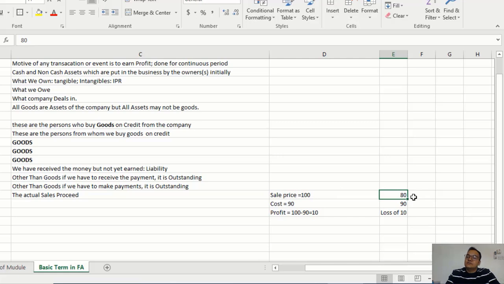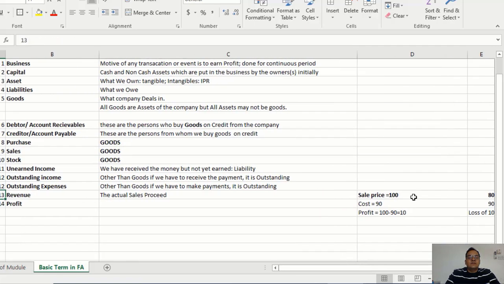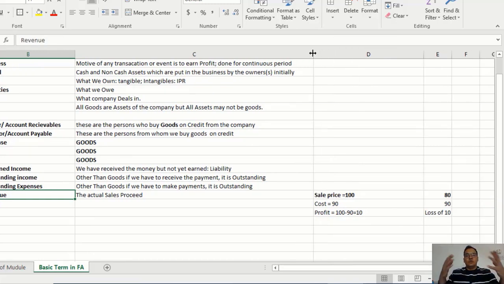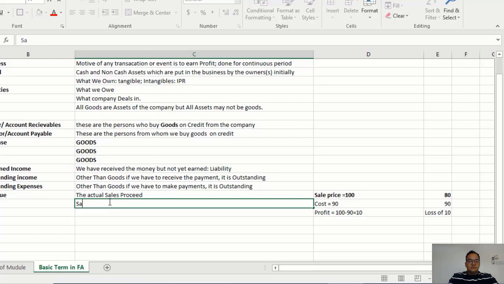We got 80. So 80 is my revenue. I'm making it bold. The actual sales proceeds is my revenue. So if you get more, it is revenue. If you get less, it is revenue. And what is profit? Profit is very clear. Sale minus cost price is equal to profit, and it can be loss also.